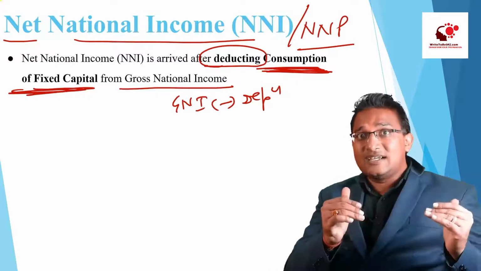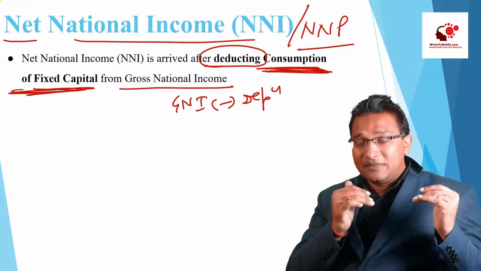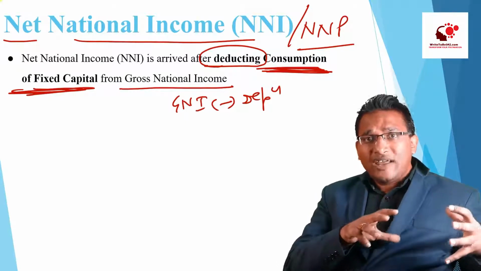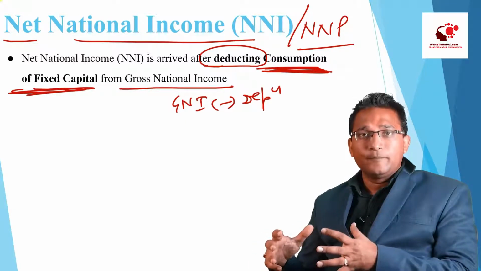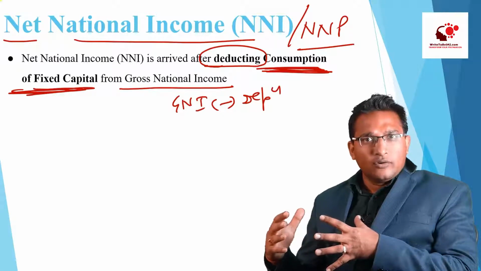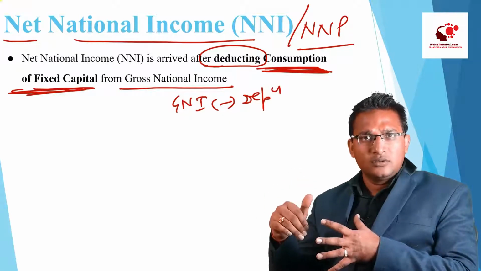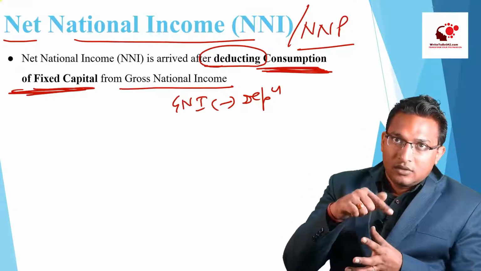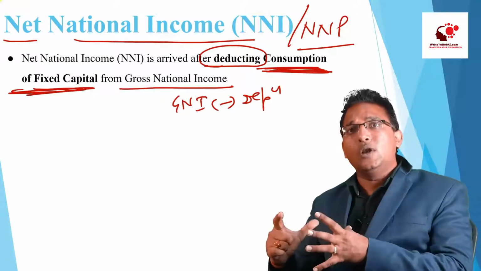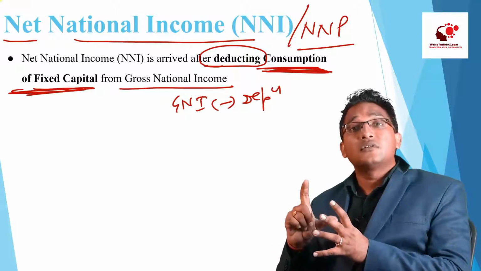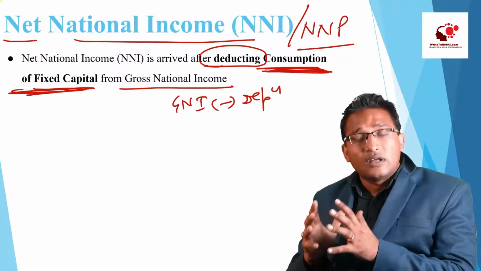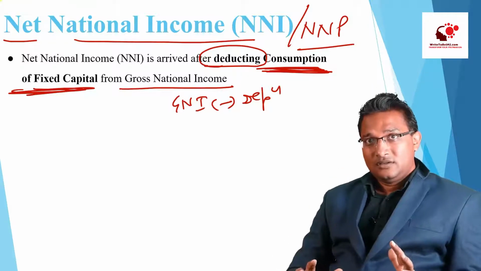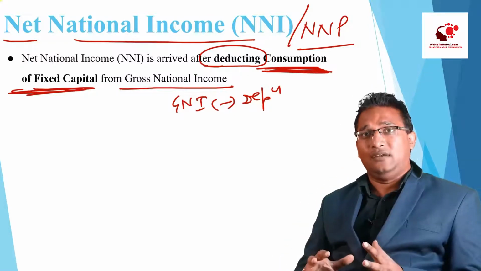So the existing fixed assets, their value is deteriorating, right? So we must be doing some production to compensate that deterioration. So the production equal to the amount of deterioration is basically used only for the maintenance. There is no extra production happening.